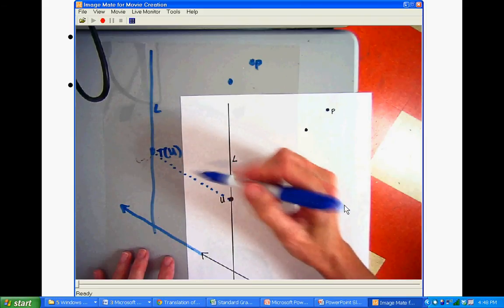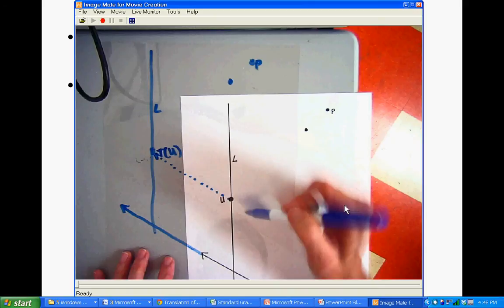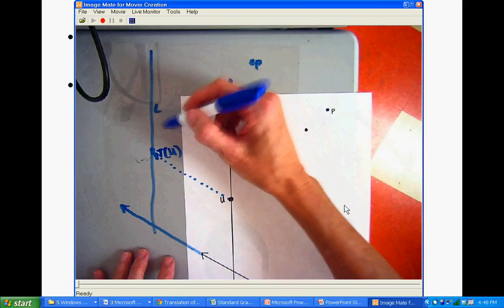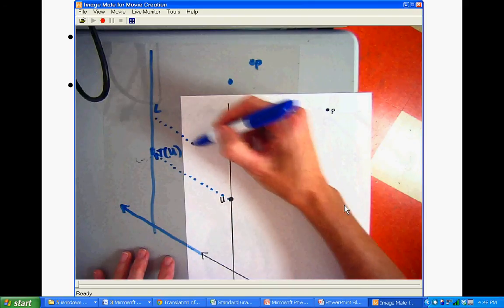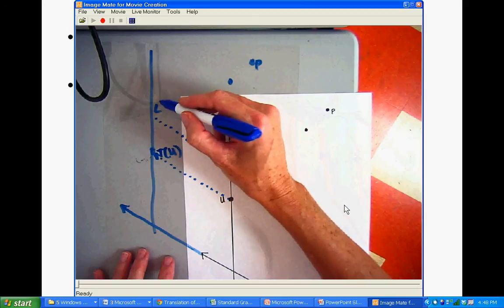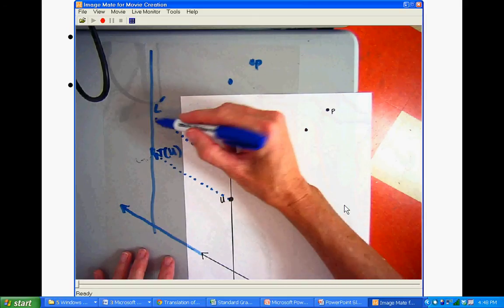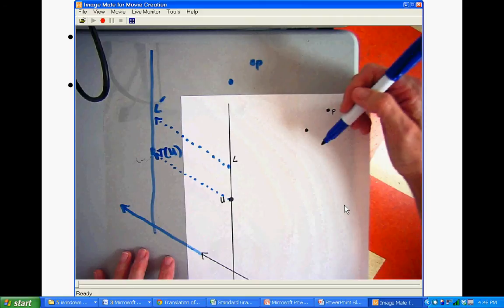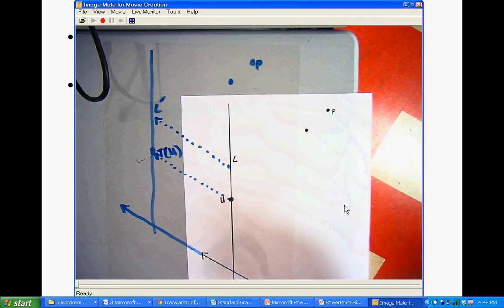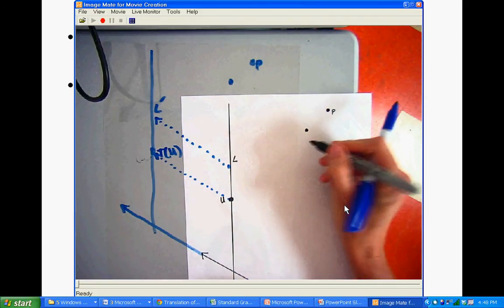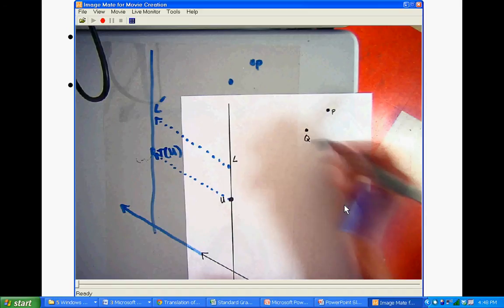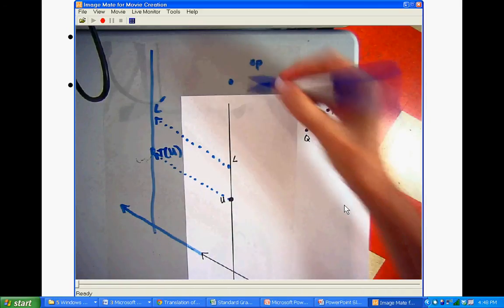So this would be the assignment of U to T of U. This would be the assignment of L to, and we're going to call this L prime. This point here, which we're going to call Q. So we're going to change this and call this Q, which means that this is Q.